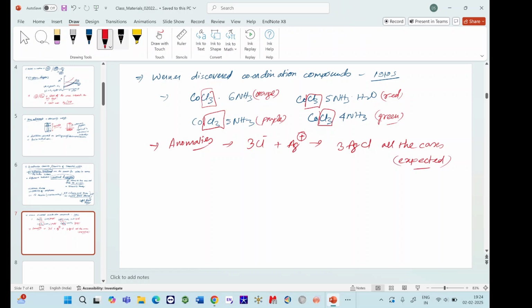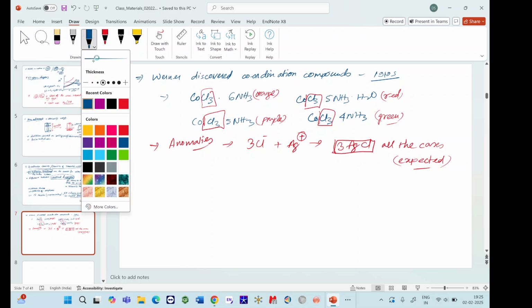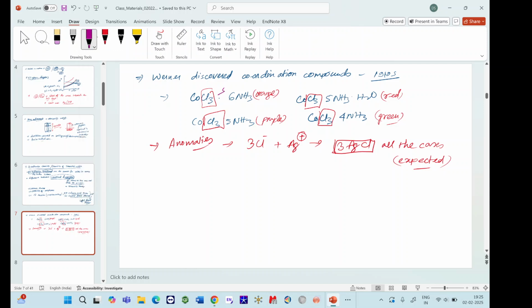So he got different numbers of equivalents of silver chloride. So for 6NH3, he got three AgCl. For 5NH3, he got 2 AgCl. And then for 4NH3, he got only one AgCl equivalent.